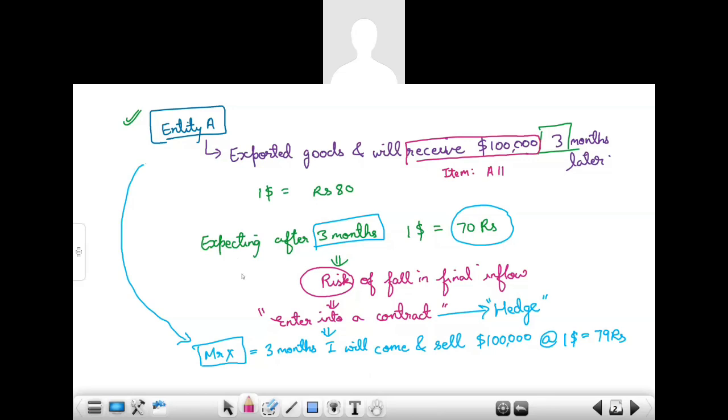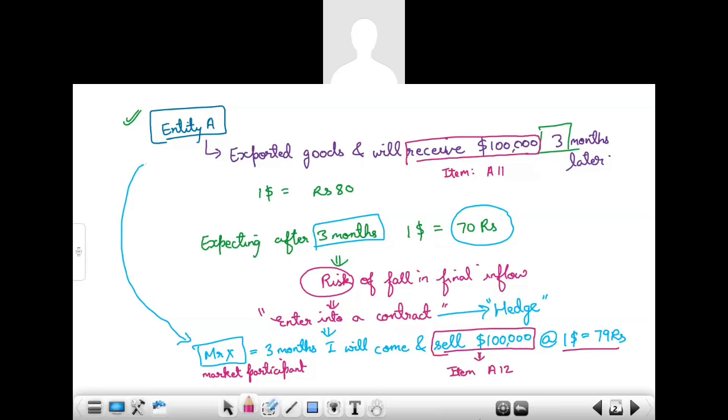And for example, the entity has entered into another contract with another market participant, that we will sell $1 lakh at $1 equals 79 rupees. For example, this is contract number A12.